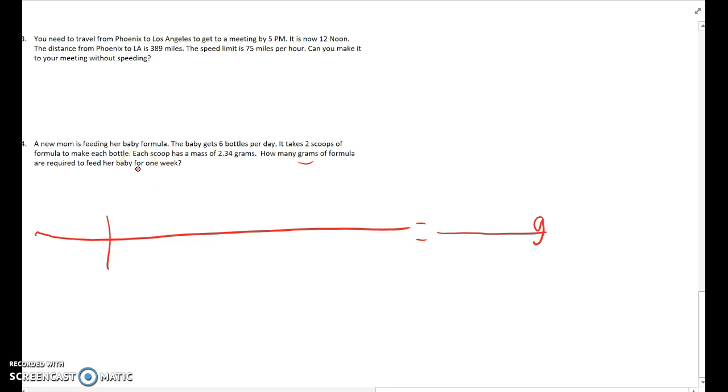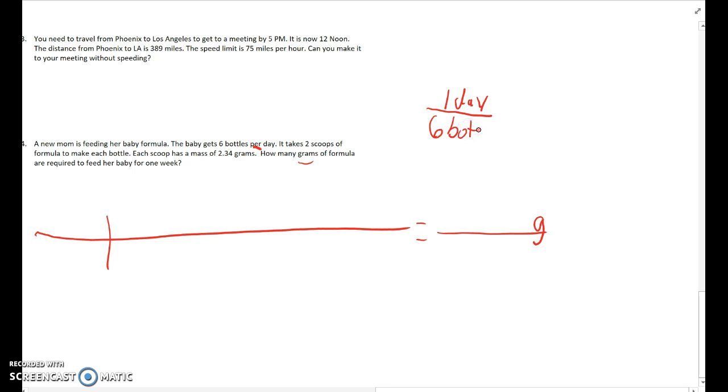The first thing I want to do, or I should say, the next thing I want to do is pick out my conversion factors. Again, I'm looking for 2 units that go together. The word per is always a giveaway for a conversion factor. So the baby gets 6 bottles per day. So that means in 1 day, that will be equal to 6 bottles.